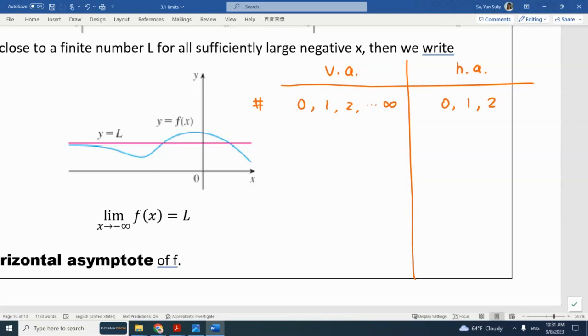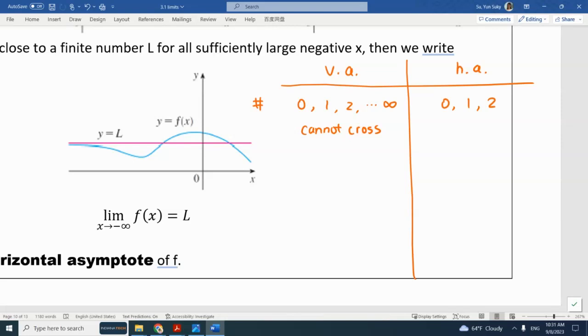Okay, next property. Can you cross the vertical asymptote? No. In order to be a function, we approach it, but we cannot cross it. Right, everybody? So we cannot cross the vertical asymptote. Horizontal asymptote.